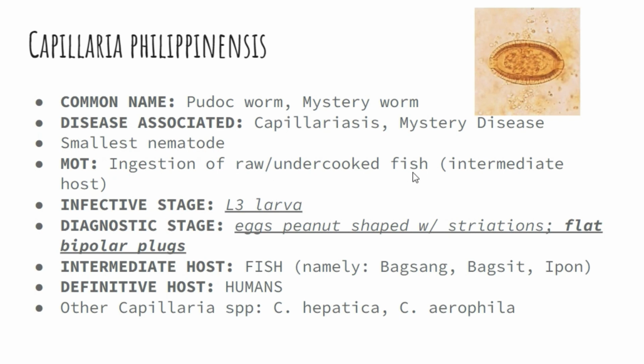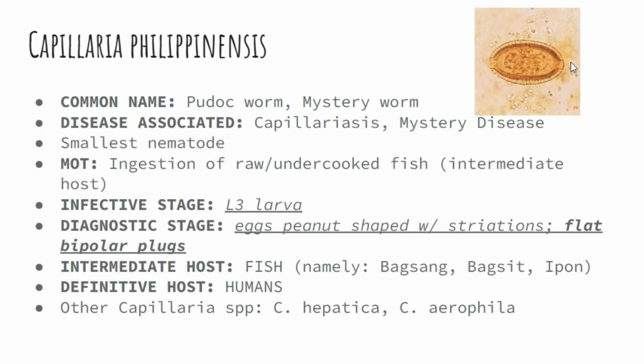Ayan, yung mga kumakain po ng mga sashimi, mga undercooked na isda, mag-ingat po tayo sa Capillaria. And then, the infective stage here, we have the L3 larva. Ito po yung possible na pumasok sa katawan to cause diseases. While the diagnostic stage, yung stage that you can see in the microscope, is the egg, peanut shape.